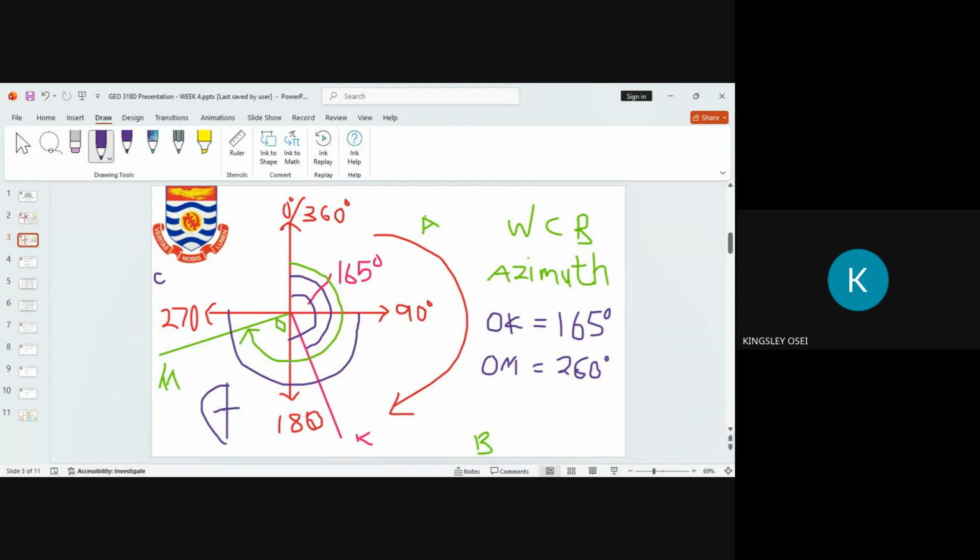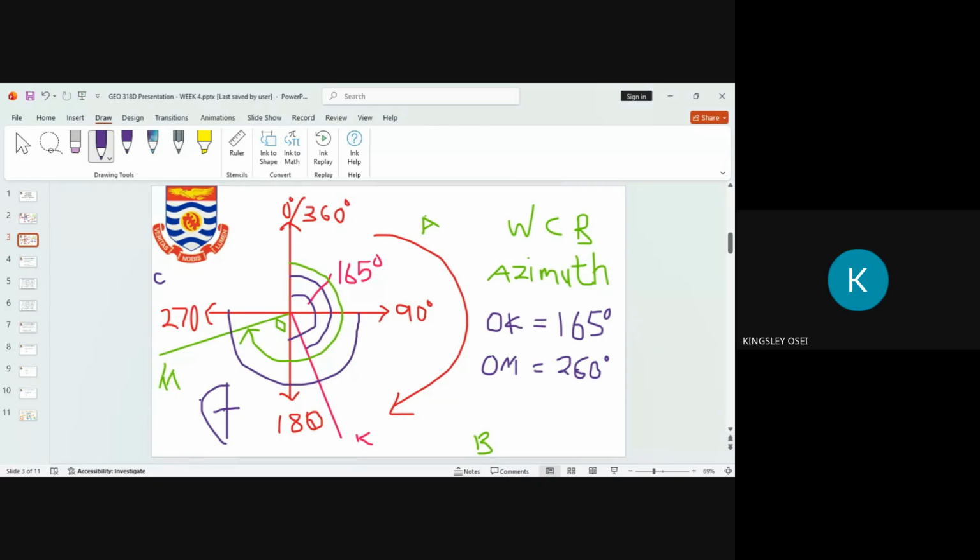So how much angle do I add to 180 to give me 260? And the answer is 80. So when I bring the protractor and I'm having it this way, then from 0, I can turn until I get to 80, then I stop and I mark it on the edge of the protractor.